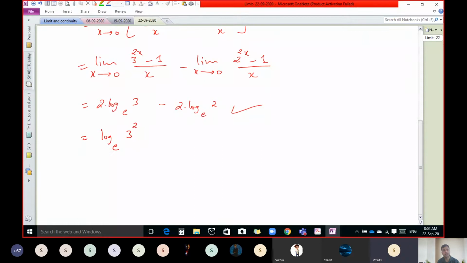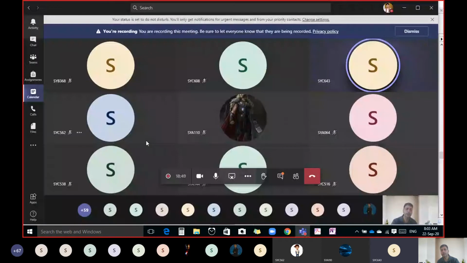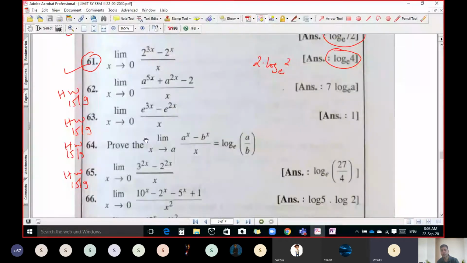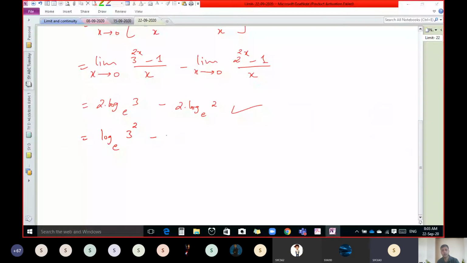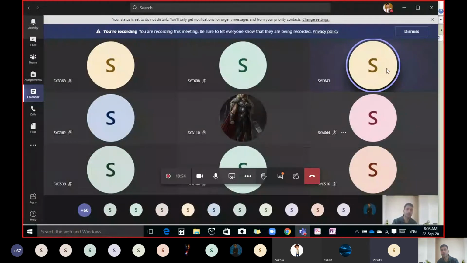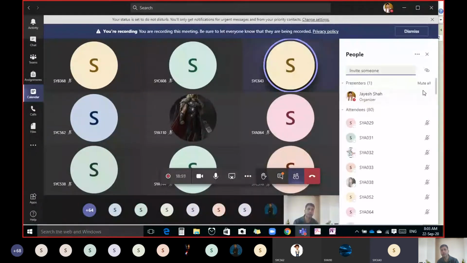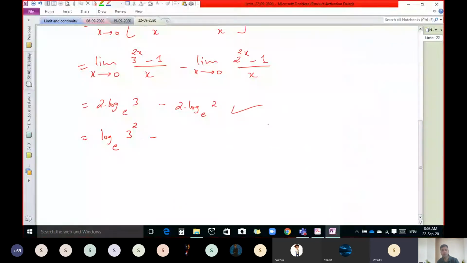You can take this to the power of 3, minus, you can write this as log 2 raised to 2 base e.